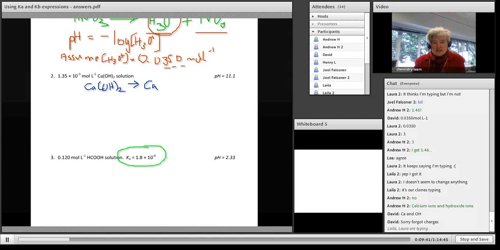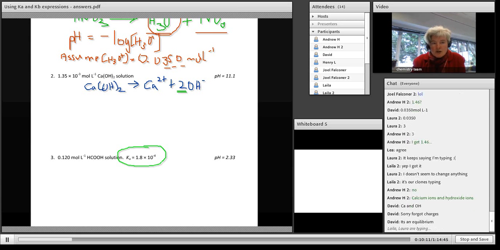It's going to be calcium ions and hydroxide ions. Now the whole point of the equation is not just to work out what to substitute into the Ka and so on expression, but it's also to get the ratios, because if you don't see the stoichiometric ratio, you're going to make a mistake. Okay, so that is really important.